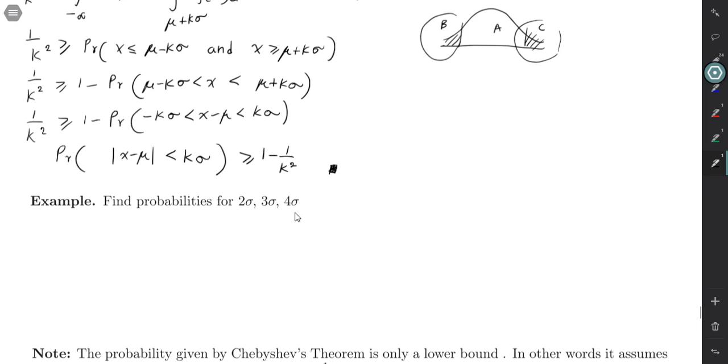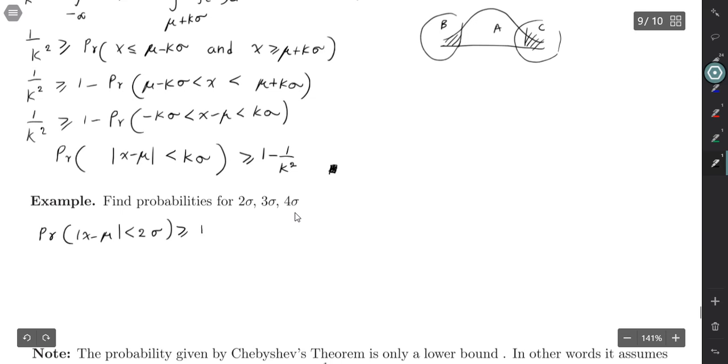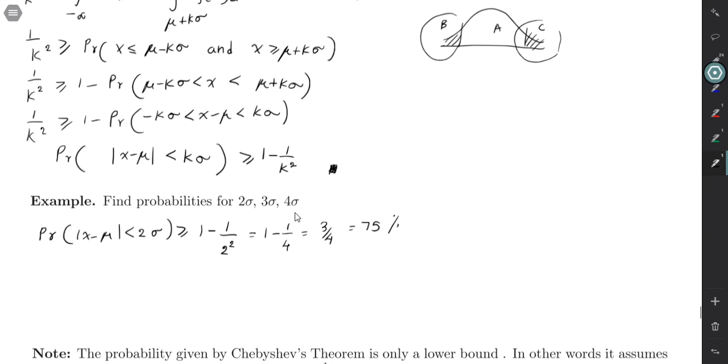The probability that the absolute value of x minus mu is less than 2 sigma is 1 minus 1 over k square, with k equal to 2, so 1 minus 1 over 4, which is 3 over 4, or 75%. So the probability that x is within 2 standard deviations of the mean is 75%.